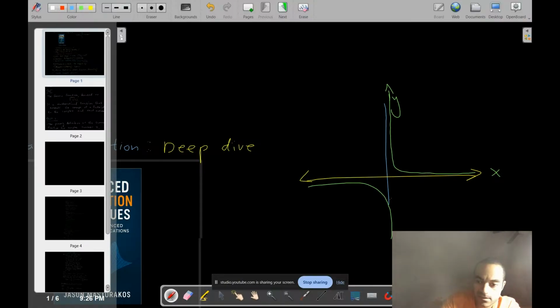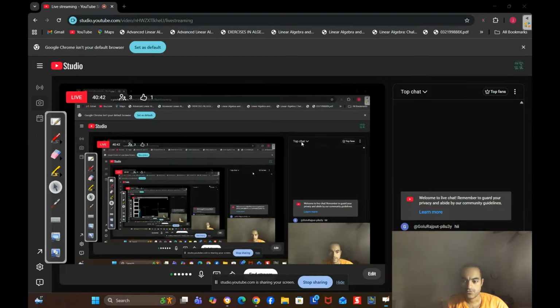This is not supposed to be touching the y-axis. That's why it's an asymptote. There's a vertical asymptote here at x equals 0, and then there's a horizontal asymptote because the graph is approaching the x-axis. It never hits the x-axis, if that makes sense. So at y equals 0 there's an asymptote as well. I hope that answers your question.